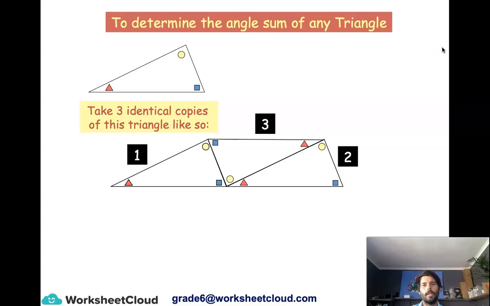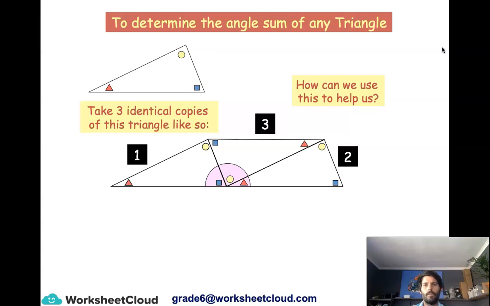In a previous lesson, we covered that angles on a straight line add up to 180. You can see where I've pieced the three triangles together, I've made a straight line. And there's the pink semicircle, which is the same shape as a protractor, to indicate the 180 degrees.